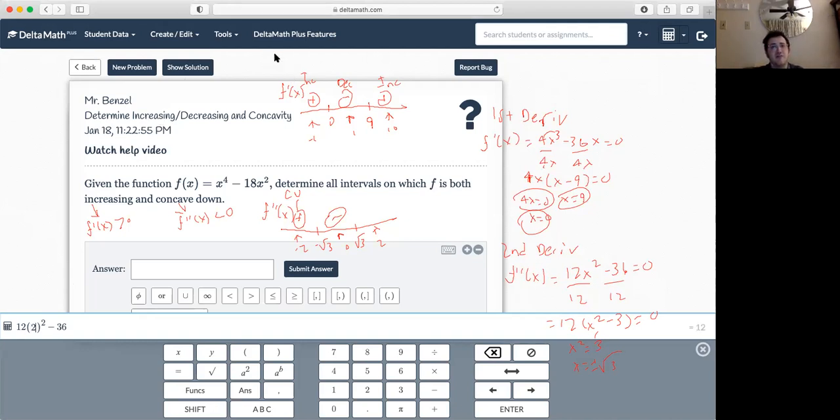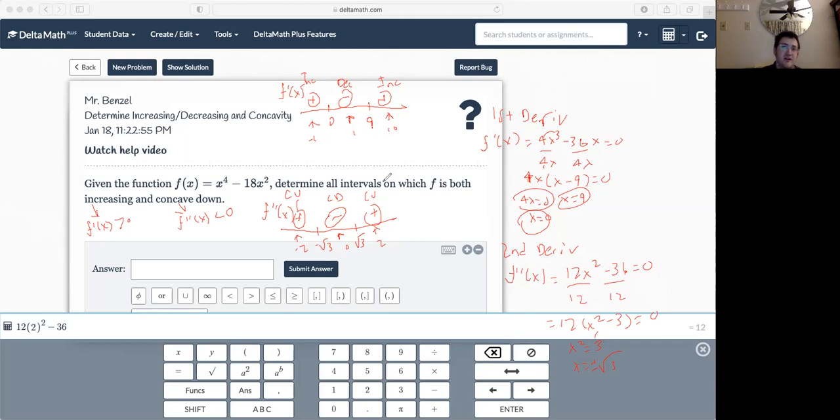So I'm only looking between negative square root of 3 and square root of 3. And I'm looking for increasing. So I got concave up, concave down, and then this part is concave up. So I'm looking for increasing and concave down.